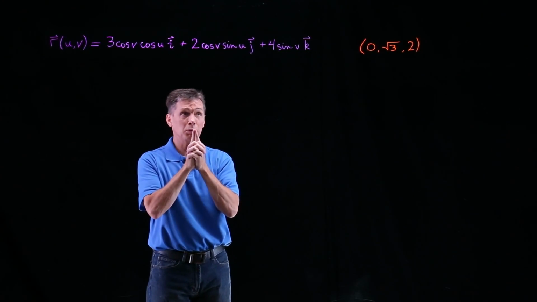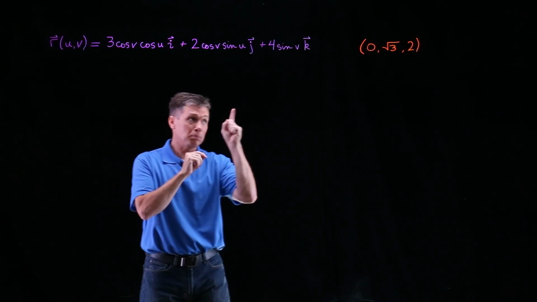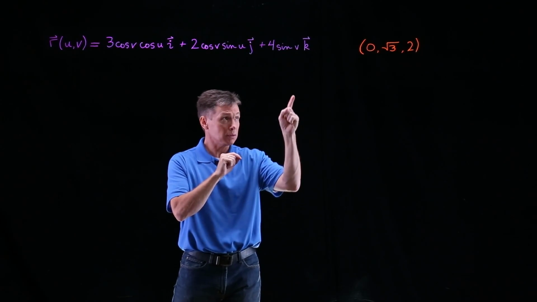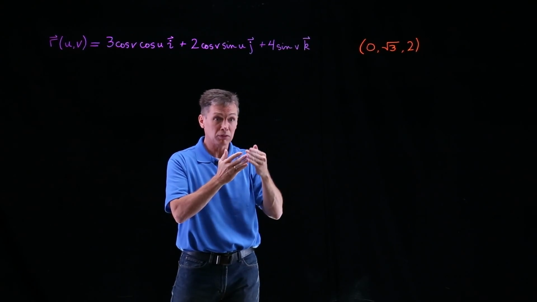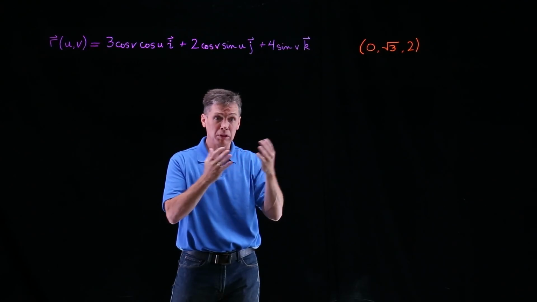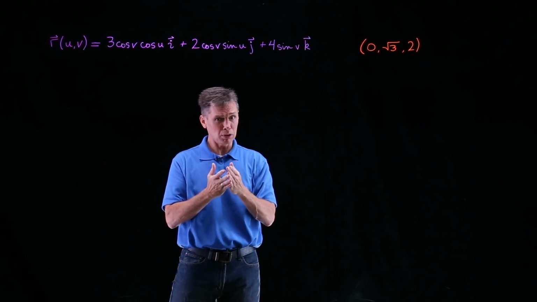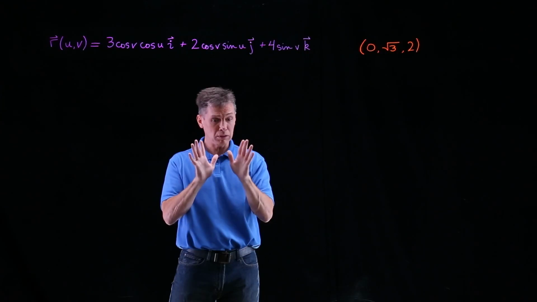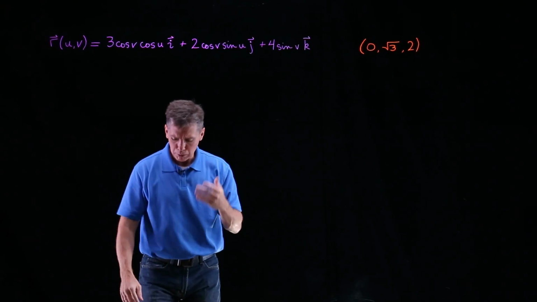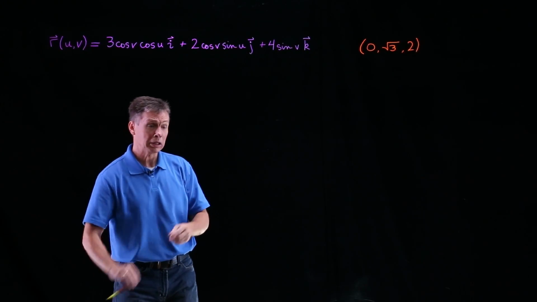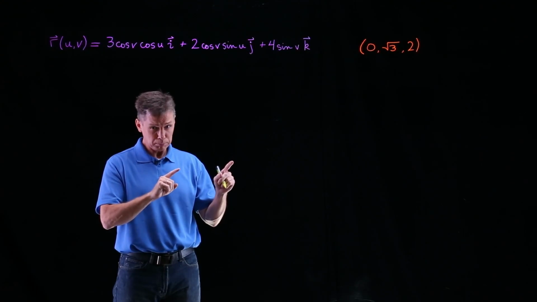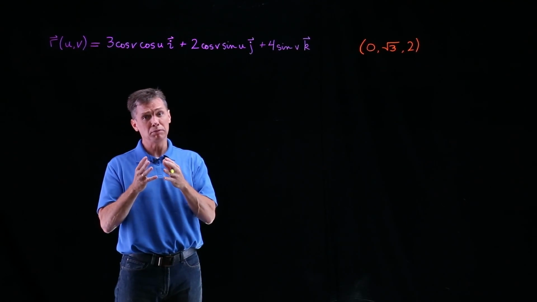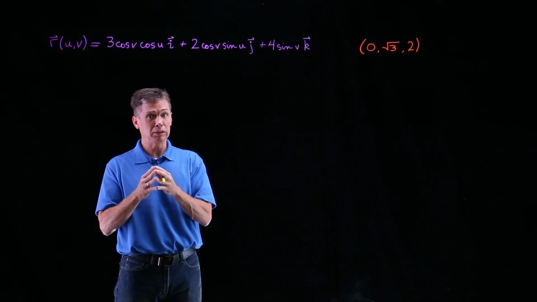All right, now the first thing I would want to do: the point that they give us is, you recognize it, x comma y comma z. It's an ordered triple, so it's in terms of x, y, and z. Before I move on, I need to get that same point in terms of u and v rather than x, y, and z.